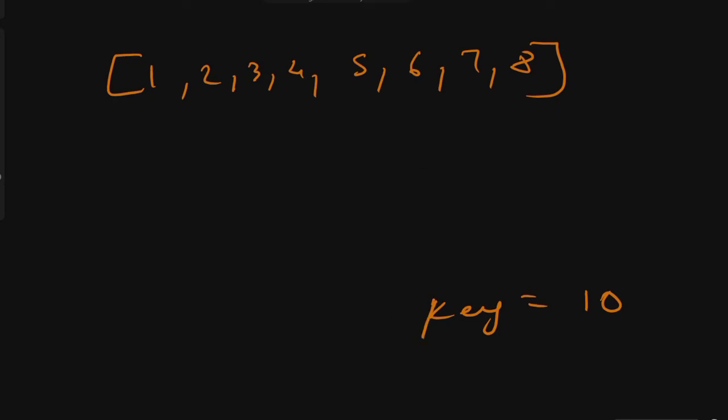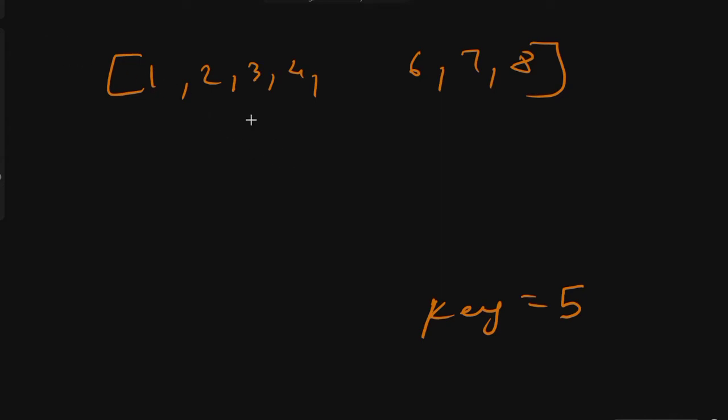So we have to see when we have to stop. Or let's just remove this 5 and search for 5. This case would help us a lot instead of this 10. So we will see that. Key is equal to 5.